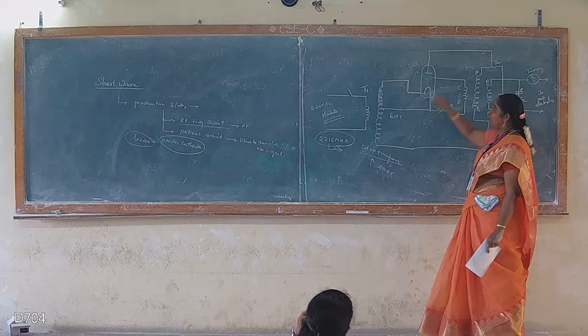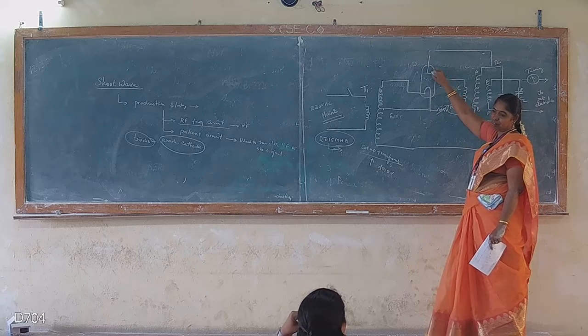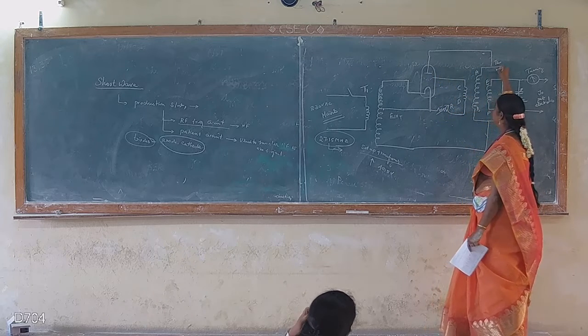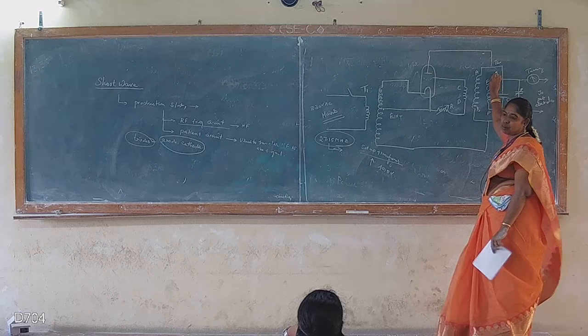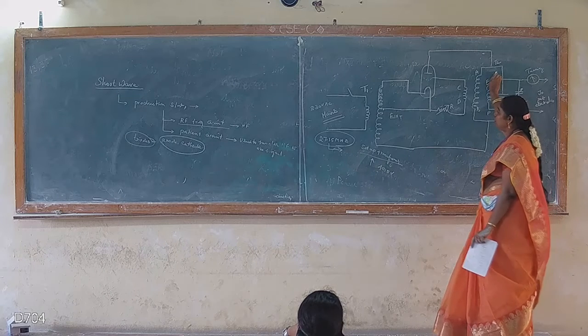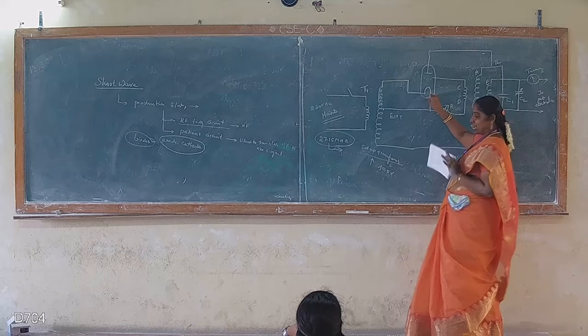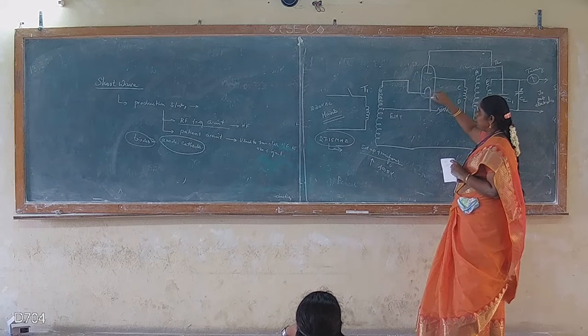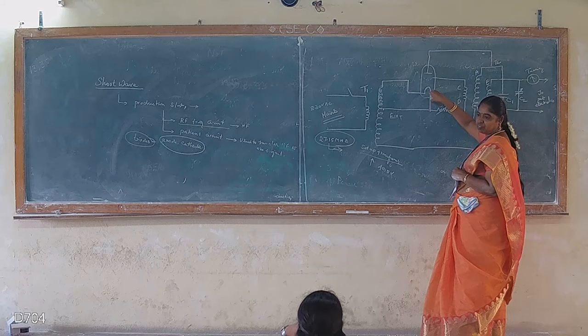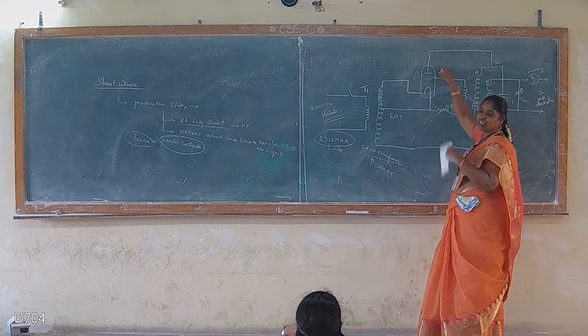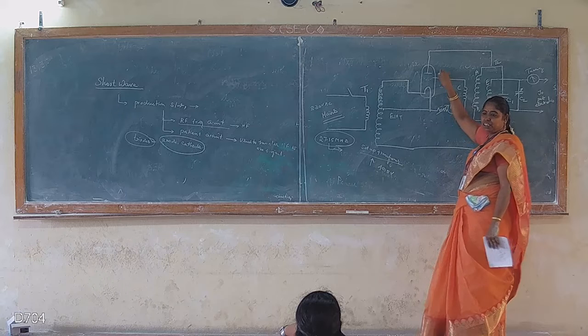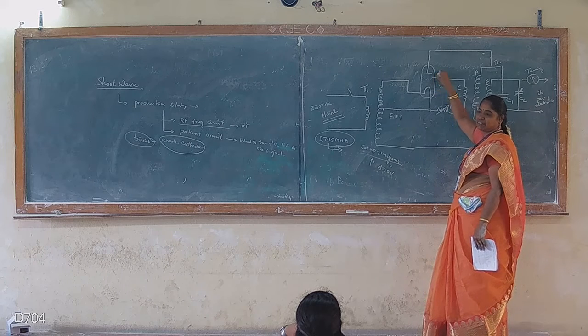Here it is the anode, and then this is the cathode. The cathode voltage is provided by the secondary of transformer T2. Because we provided a high amount of voltage, whenever the electrons move from anode to cathode, there is production of current, that is high frequency current.